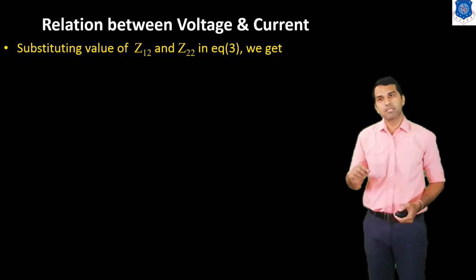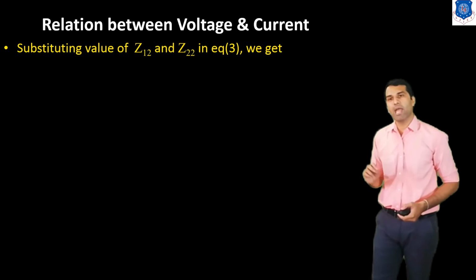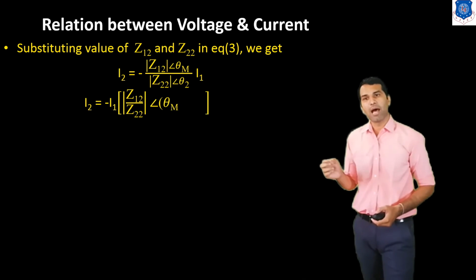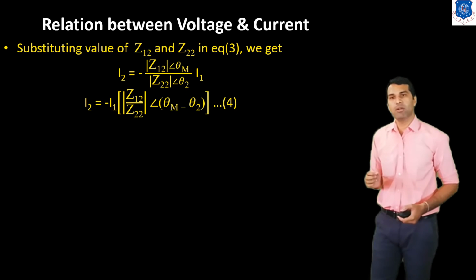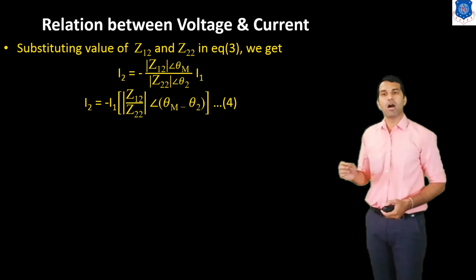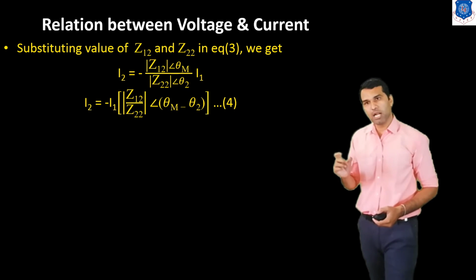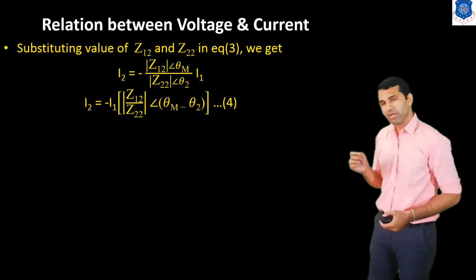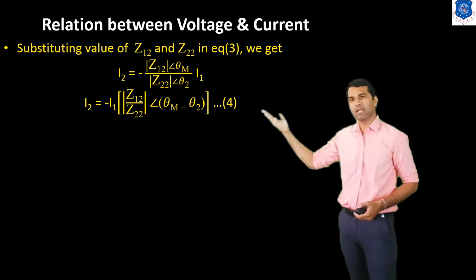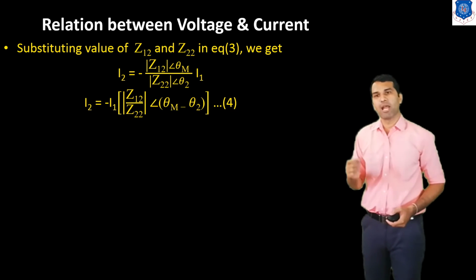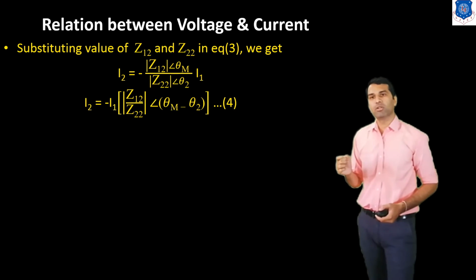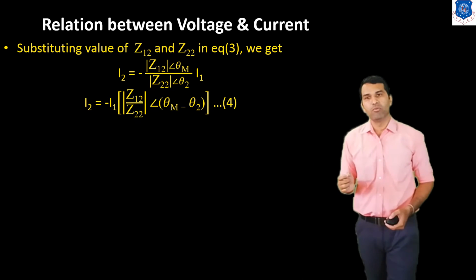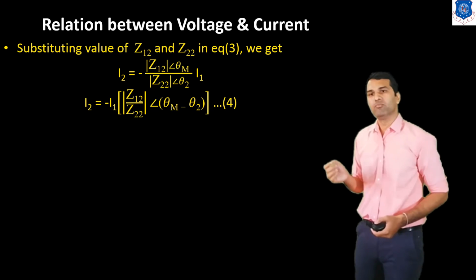Now we substitute the values of Z12 and Z22 in equation number 3. So we can write I2 equals minus Z12 at angle theta m upon the magnitude of Z22 at angle theta 2, into I1. We can simplify this as I2 equals minus I1 times the magnitude of Z12 upon Z22, with the angle theta m minus theta 2.